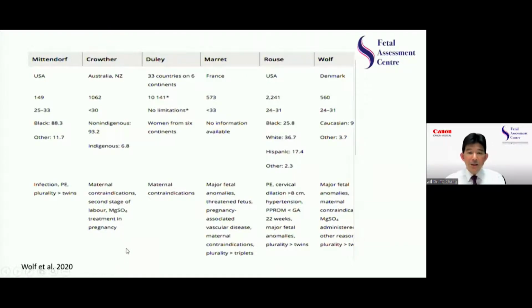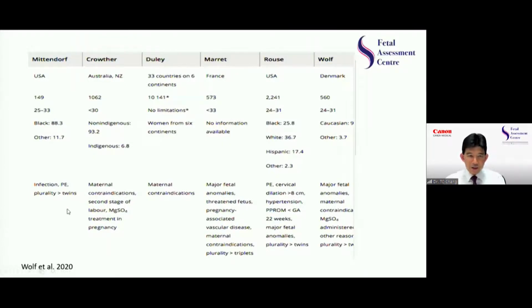The general impression is that you should be offering neuroprotection, magnesium sulfate infusions, at 32 weeks or less as a general rule of thumb. And I would be very, very worried if there was no neuroprotection offered in any fetus less than 32 weeks gestation.